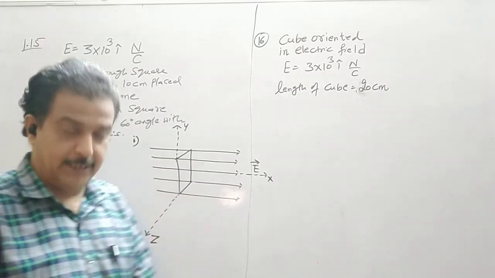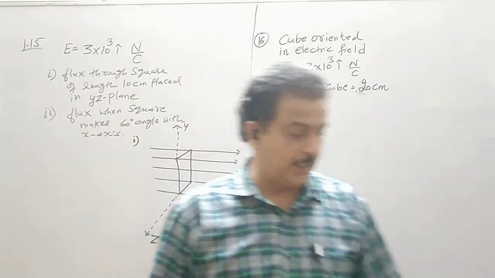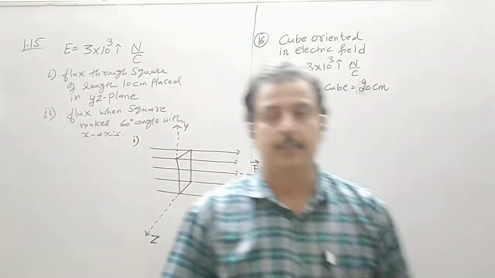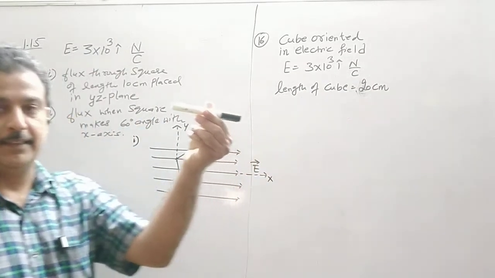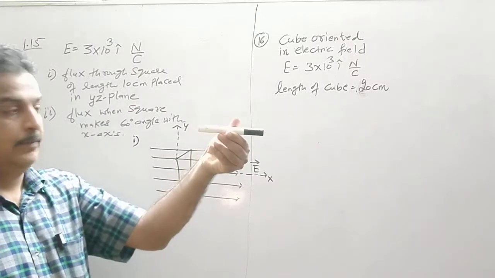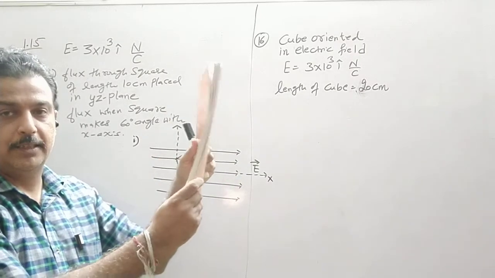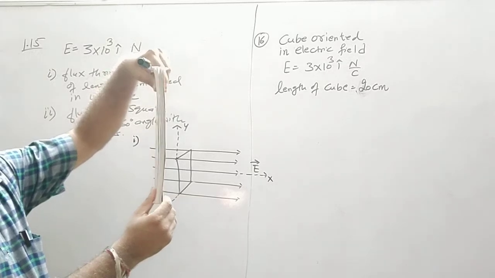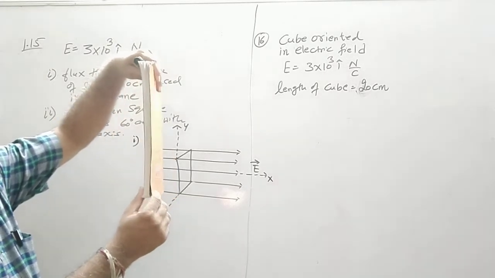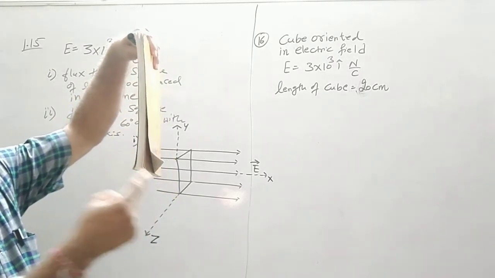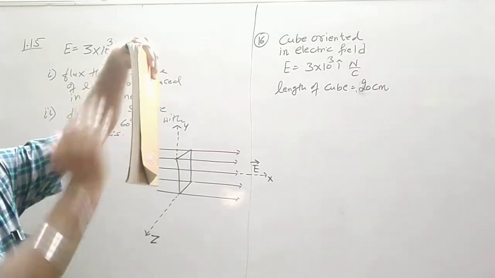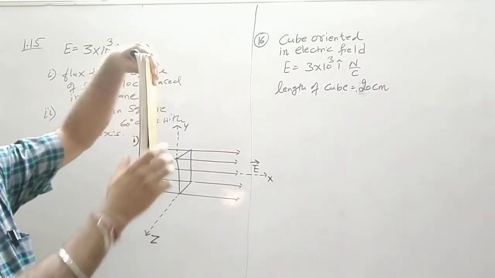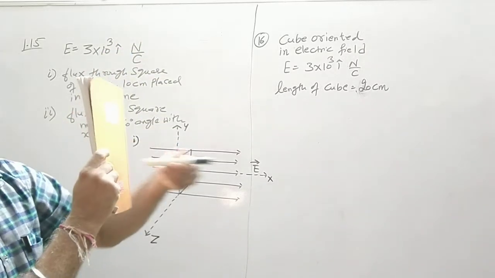So it is like this. The electric field intensity is along the x-axis, this is the x-axis, and this is the square, oriented in YZ plane. So this is our z-axis coming outward and this is your y-axis. Now the field is along the x-axis.